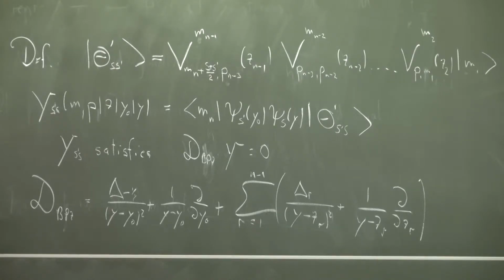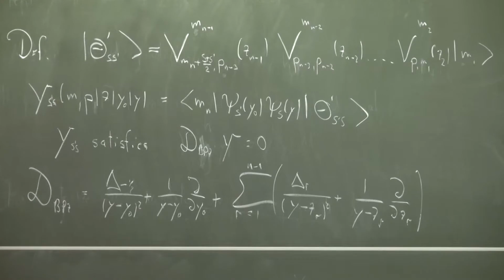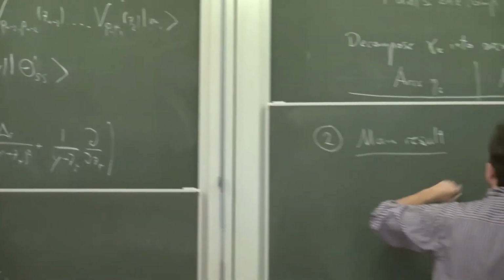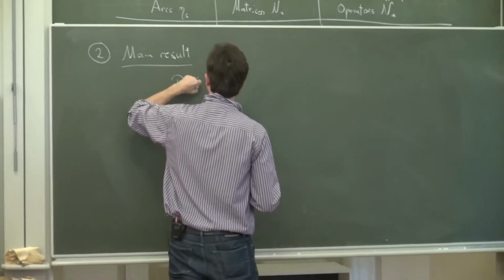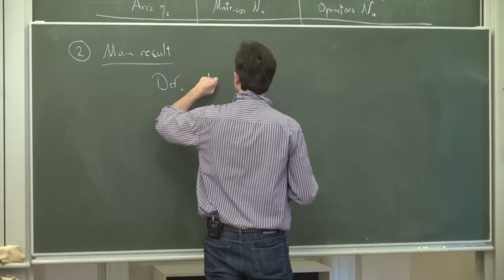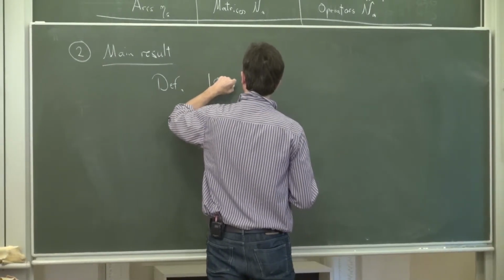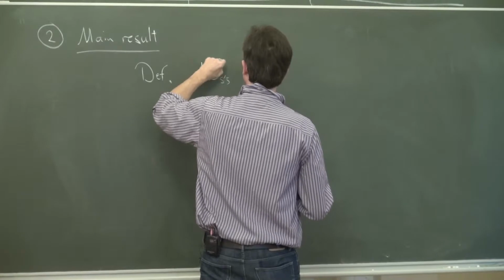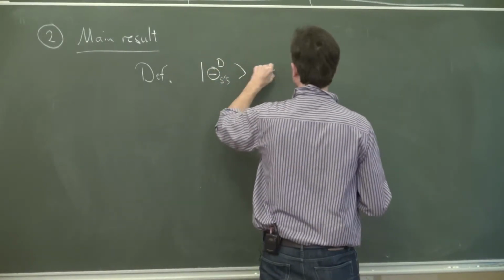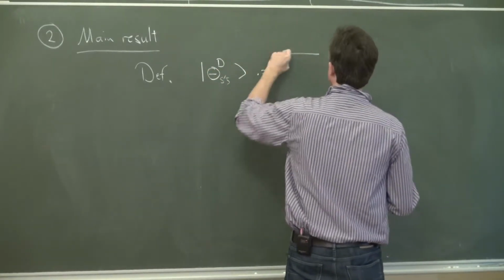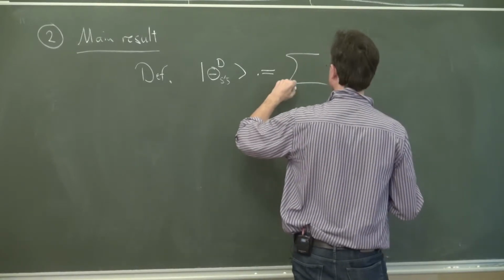Okay, so here comes the main result. Let me formulate it. The main definition now is to define S prime, a dual state, by doing a sort of Fourier transformation.